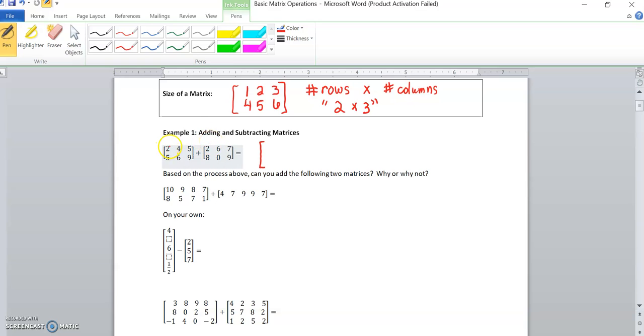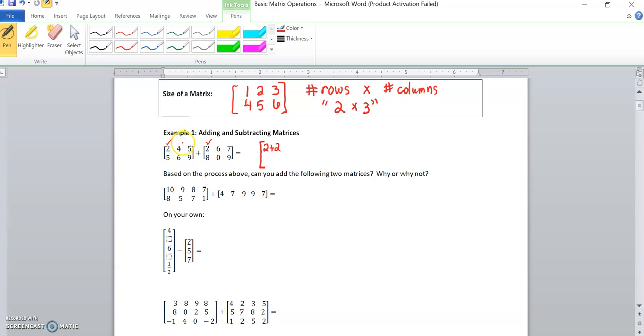entries. By the way, every number in a matrix is called its entry. So we take corresponding entries. For example, we take the entry in the top left of each and add them together. So 2 plus 2, and that'll go in the first entry of our final matrix. Then let's go across.